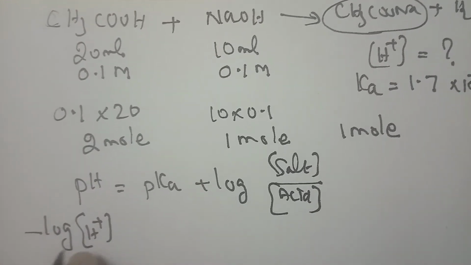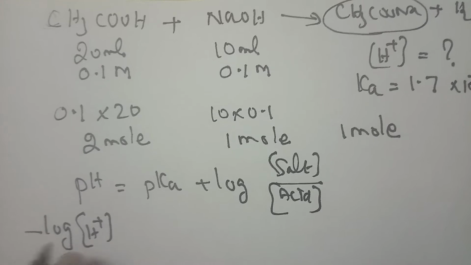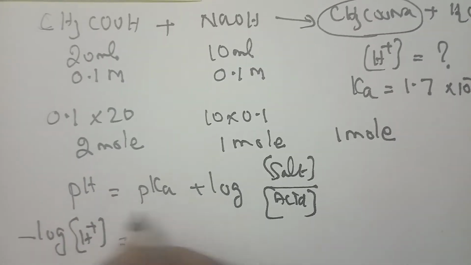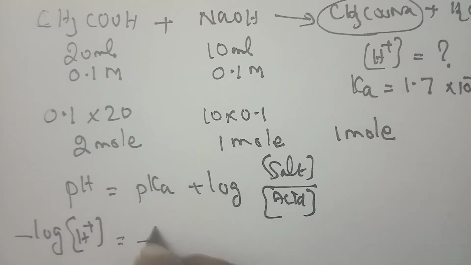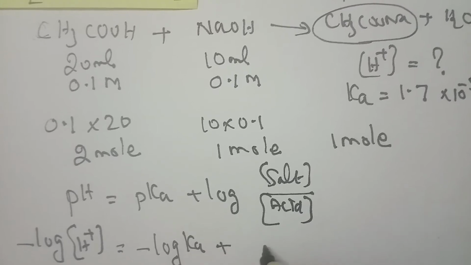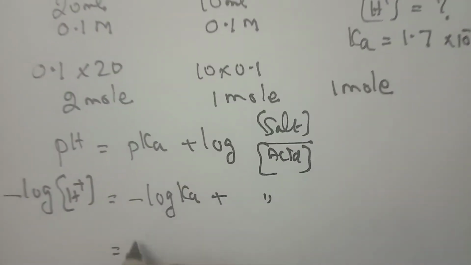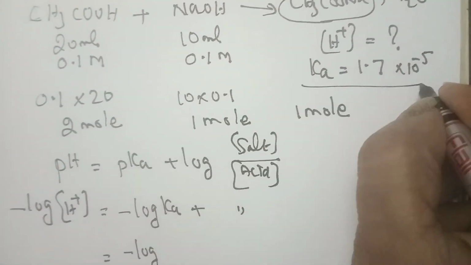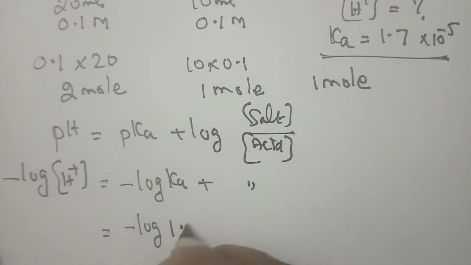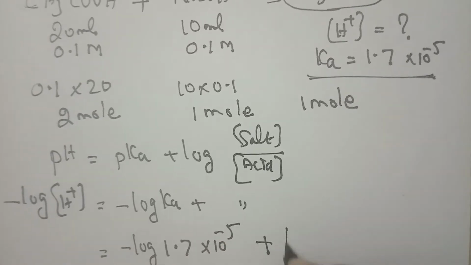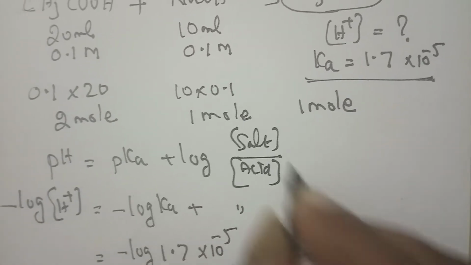Because the question asks for hydrogen ion concentration, I am taking pH in terms of hydrogen ion concentration, equal to pKa, which is negative log of Ka. Then plus the log term. Now let us write negative log of Ka value. In the sum it is given as 1.7 into 10 power minus 5, plus log of concentration of salt and acid.